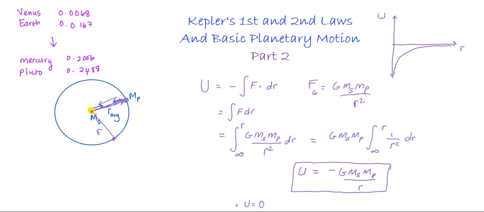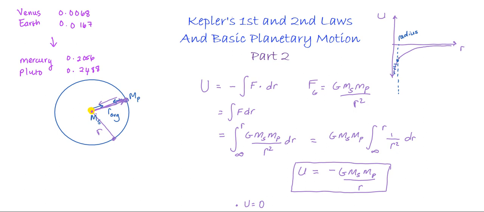Now, one thing I think is really cool about this graph is that there's a point, maybe let's call it right over here, where we're actually at the radius of the planet, so the surface of the planet. And all this energy over here is actually not accessible, because when we are dealing with this R value, we're measuring from the center of the sun to the center of the planet.